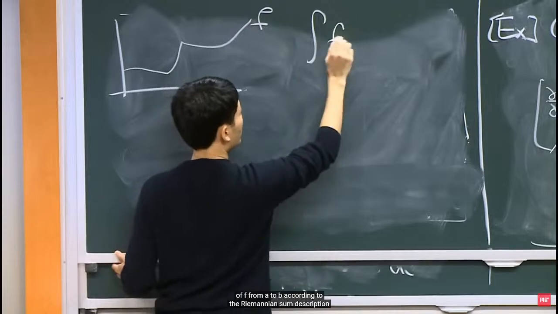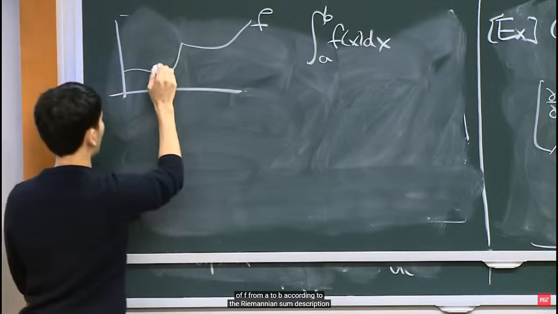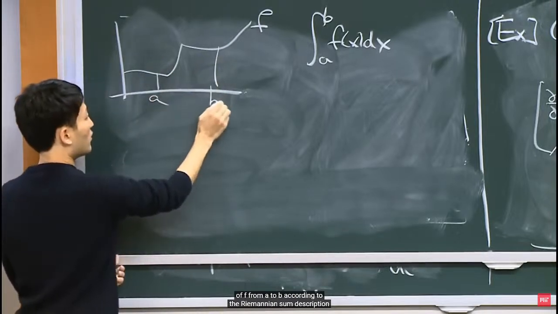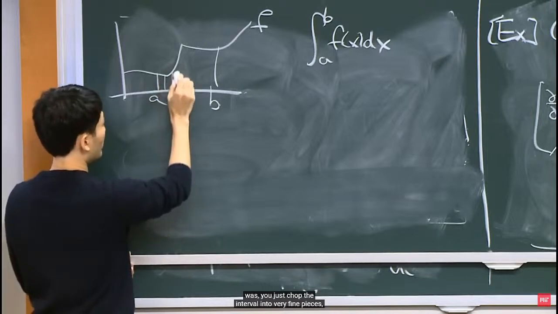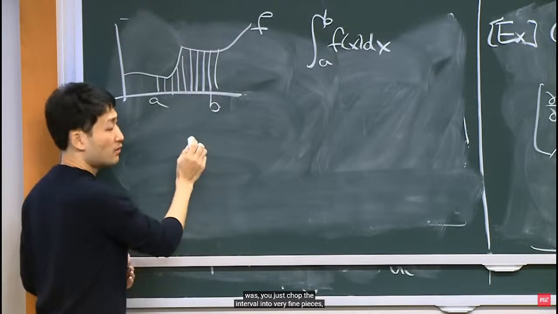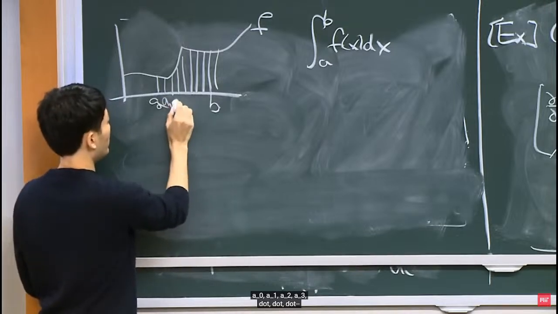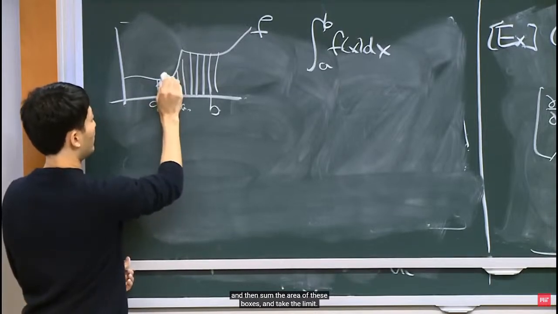The integration of f from a to b, according to the Riemann sum description, was that you chop the interval into very fine pieces, a0, a1, a2, a3, and so on, and then sum the area of these boxes.